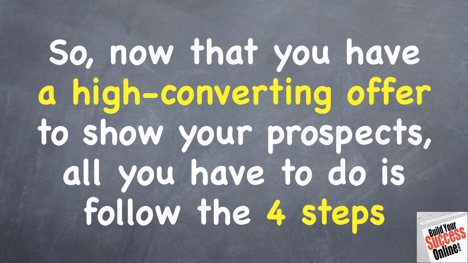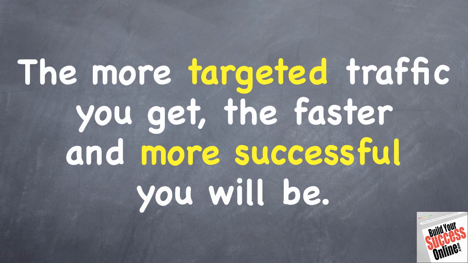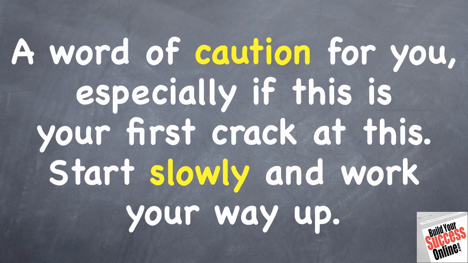So, now that you have a high converting offer to show your prospects, all you have to do is follow the 4 steps I've outlined here and start getting your targeted traffic flowing to the offer. The more targeted traffic you get, the faster and more successful you will be. A word of caution for you, especially if this is your first crack at this.